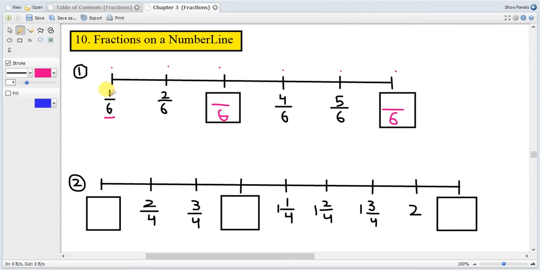It is basically adding 1. So 1, add 1 to it, you'll get 2. 2 plus 1 is 3, and 3 plus 1 is 4, 4 plus 1 is 5, 5 plus 1 is 6, and 6 over 6 is basically equal to 1, right?